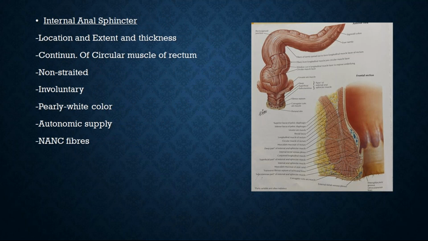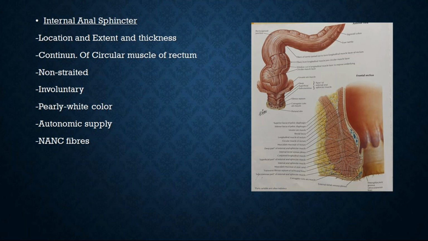Okay. Next is the internal anal sphincter. Here I have shown you this internal anal sphincter. If you differentiate and study the external and internal anal sphincter, it will be easy. See, the external anal sphincter is striated, whereas the internal anal sphincter is non-striated. The external anal sphincter is a voluntary muscle. The internal is an involuntary muscle. The external is red in color.